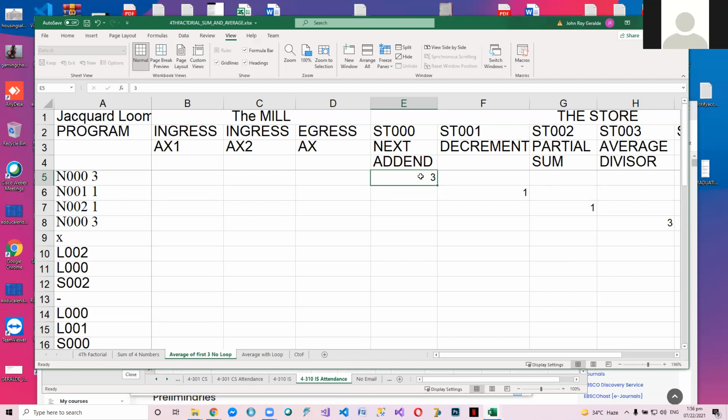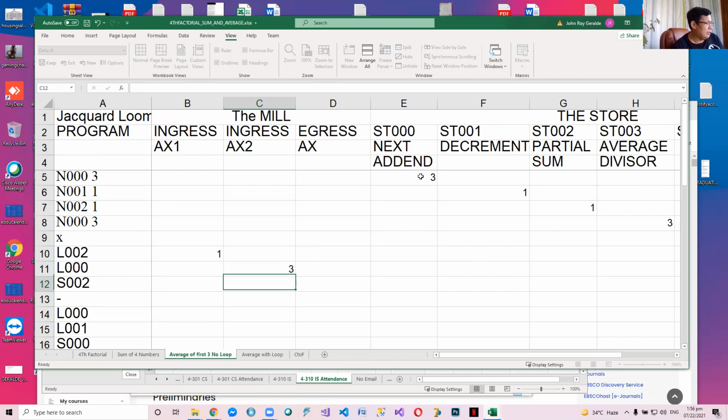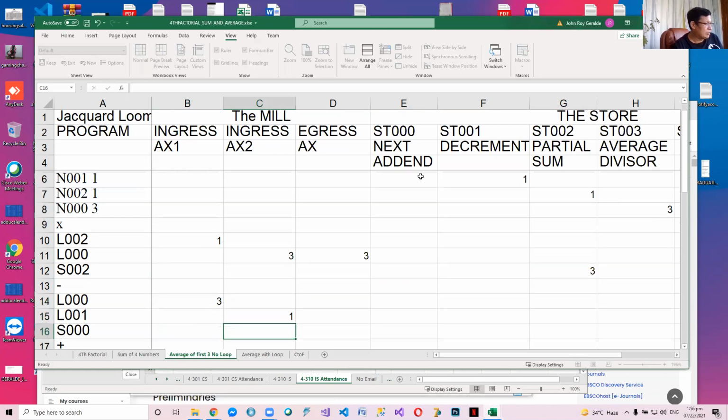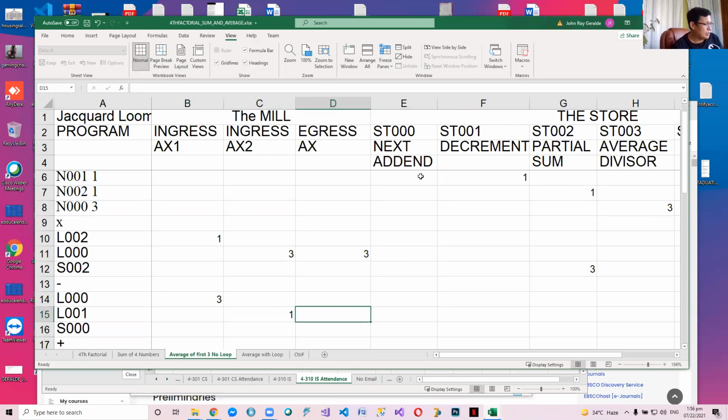Yes, sir. Okay, so you have to trace this. The first partial sum goes into 002, which is 3. We compute the next addend: 000 is 3, and we do a minus. 3 minus 1 is 2, and we store it here.